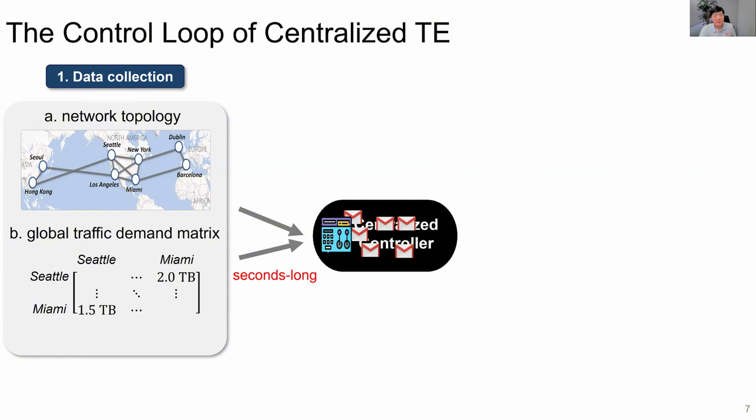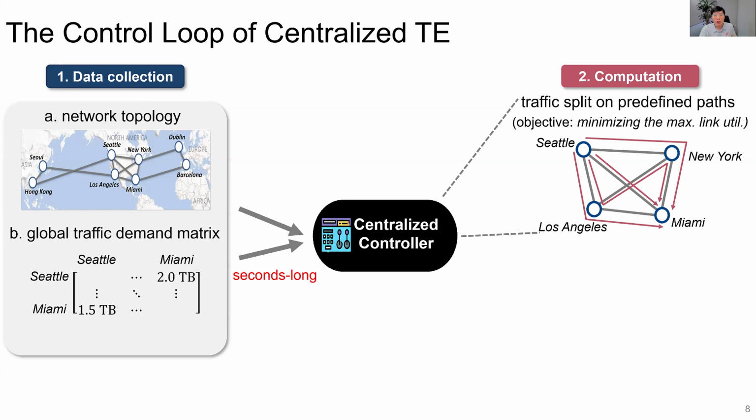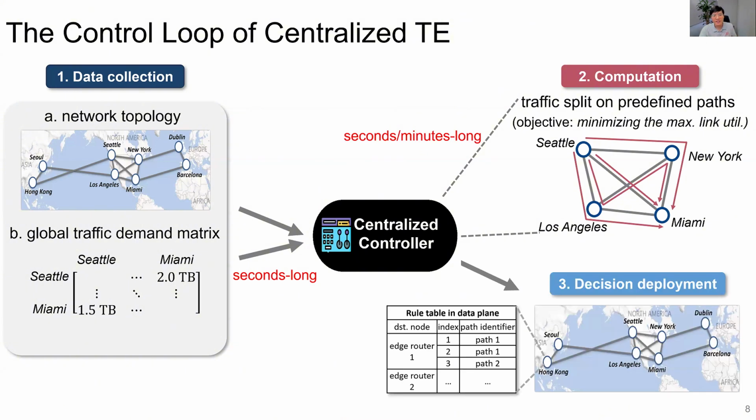Then, the centralized controller computes the optimal routing configurations, which outputs the splitting ratio on predefined paths with the goal of minimizing the maximum link utilization. It usually lasts seconds or minutes. Finally, in the decision deployment phase, the centralized controller sends out these routing configurations, and the routers update the route table in the data plane. It also takes seconds.